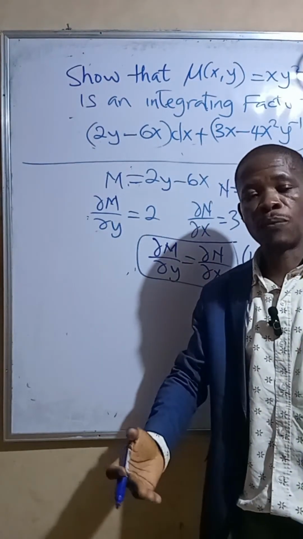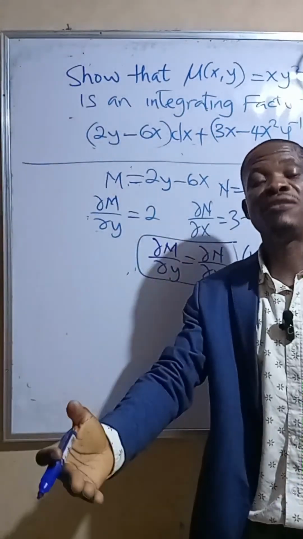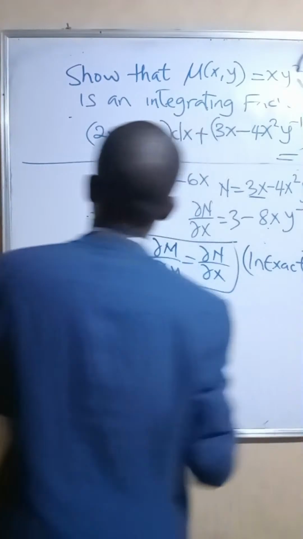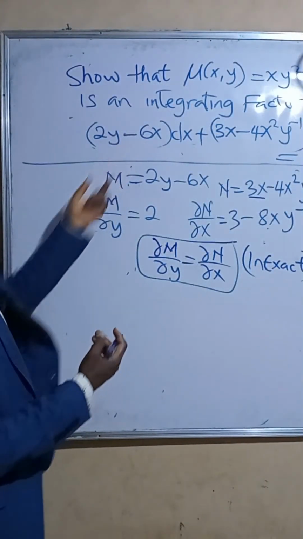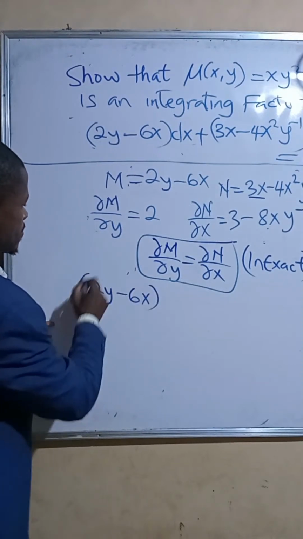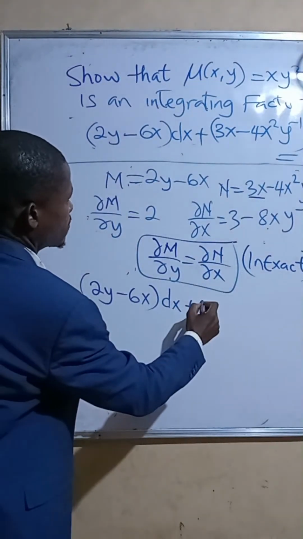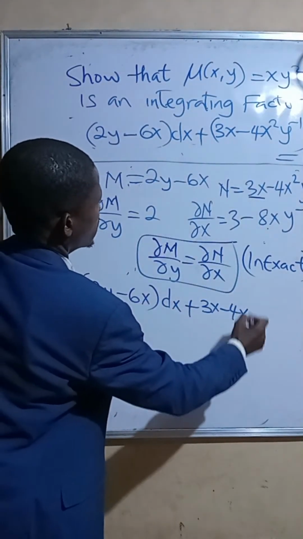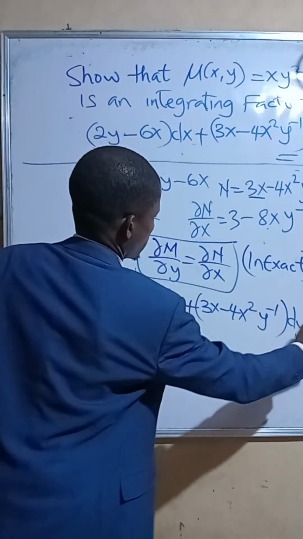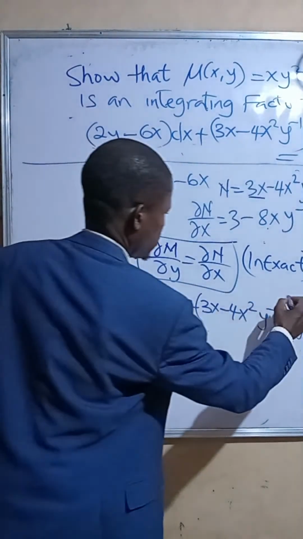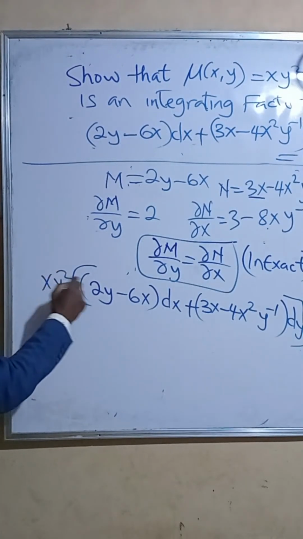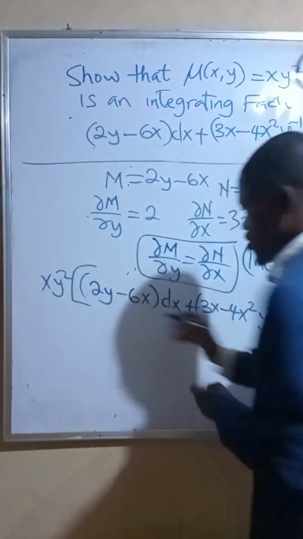Then the next thing to do now is to use the integrating factor to multiply the given differential equation. Let's do that. So multiply this one by the given x times y squared, which is going to affect each of the items.